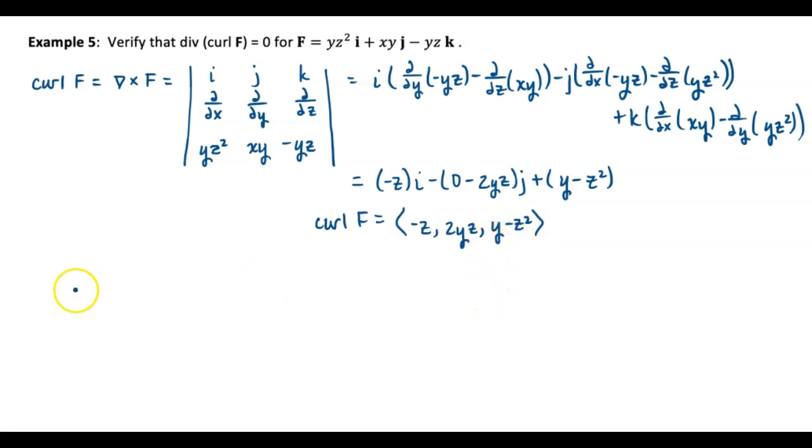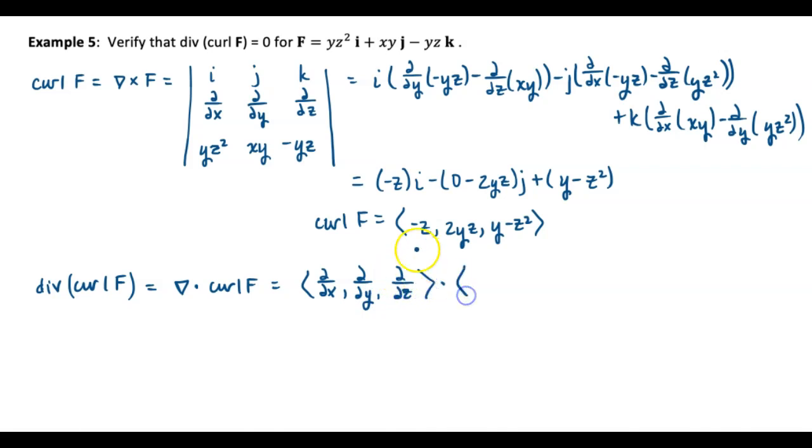And so now I'm taking the divergence of the curl of f to be equal to the dot product of del and the curl of f, which is equal to the dot product of the partial with respect to x, partial with respect to y, and partial with respect to z, and this curl that we just found, which is the vector negative z, 2yz, and y minus z squared.